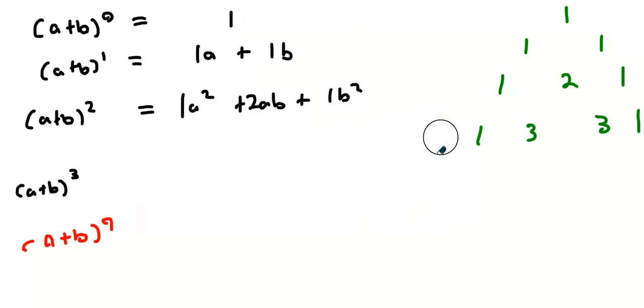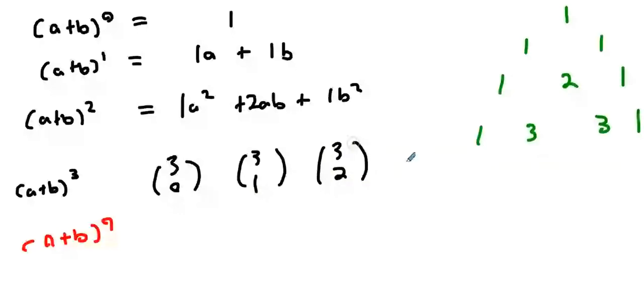If it's a plus b to the power 3, see to the power 3, what you use is this. You use 3C0, 3C1, 3C2, and finally 3C3.